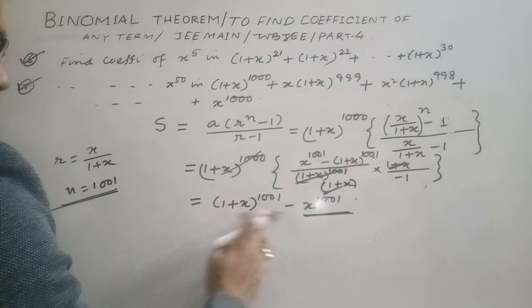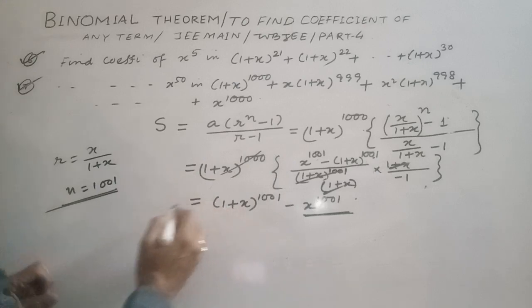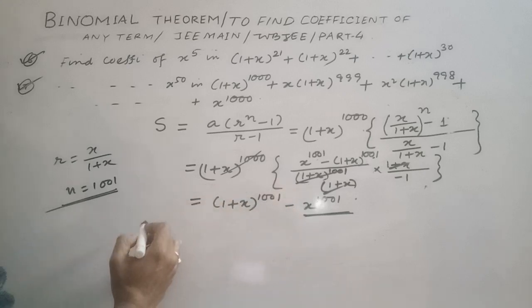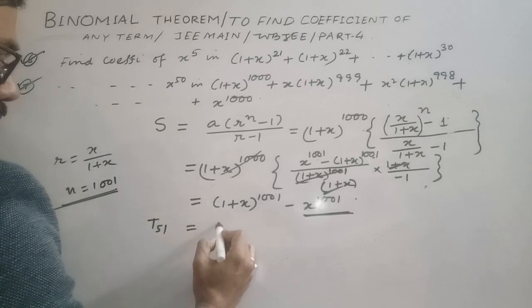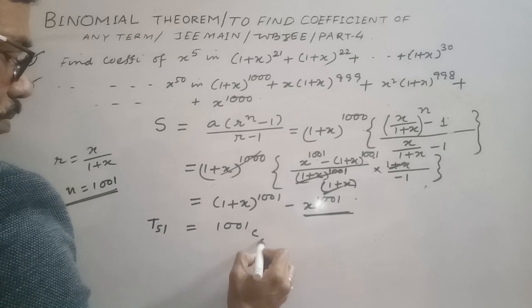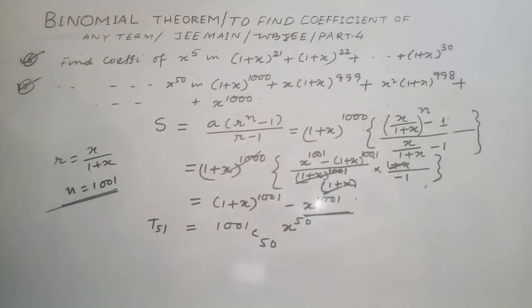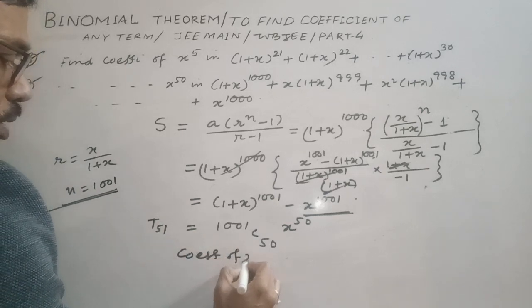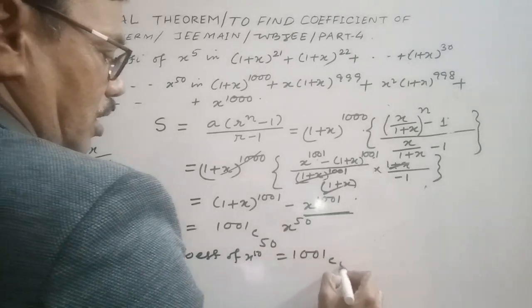In the binomial expression, if we write this as 1 plus x whole to the power this, then T51 for this term, we can write 1001 C50 into x to the power 50. So the coefficient of x to the power 50 equals 1001 C50.